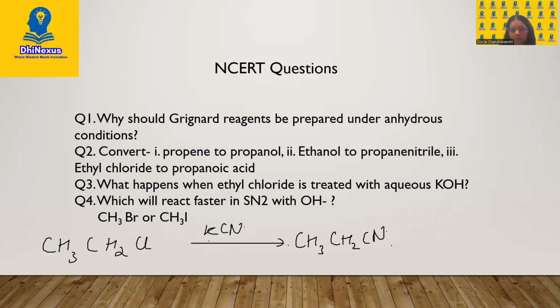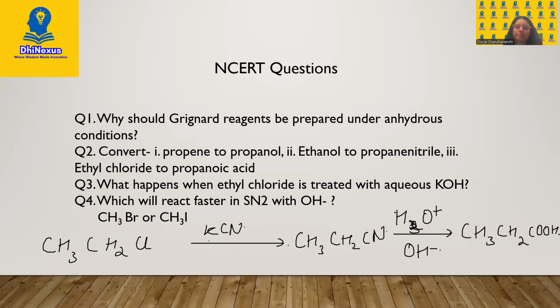This is nothing but propane nitrile, like we saw before. And we will do complete hydrolysis with H3O+ and OH-. In complete hydrolysis, propane nitrile will give us propanoic acid. So not very difficult if you remember the reactions, but it can feel a little tricky if these reactions are not on your fingertips.